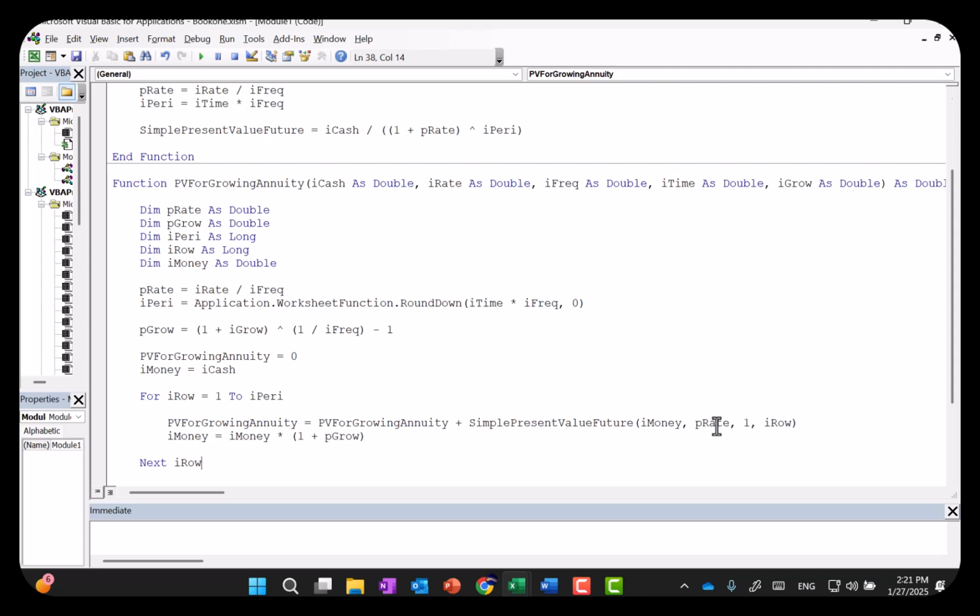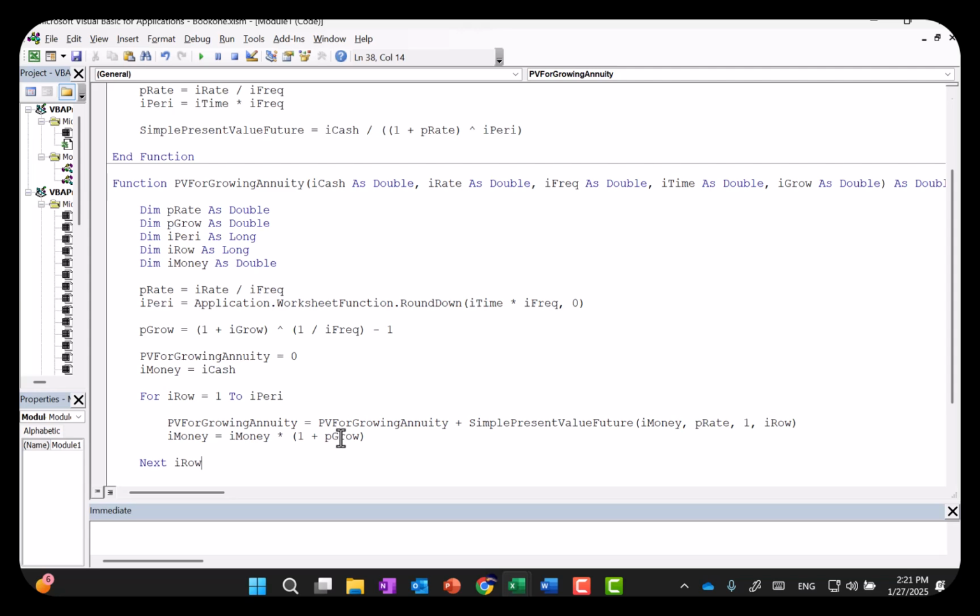Then next, calculate the next payment, $100 times 1 plus 1%, because I assume monthly growth rate is going to be 1%. That's $101. We're done. It goes to the next iRow. Next iRow is 2. Okay. And here, the only thing that depends on iRow is the number of periods.